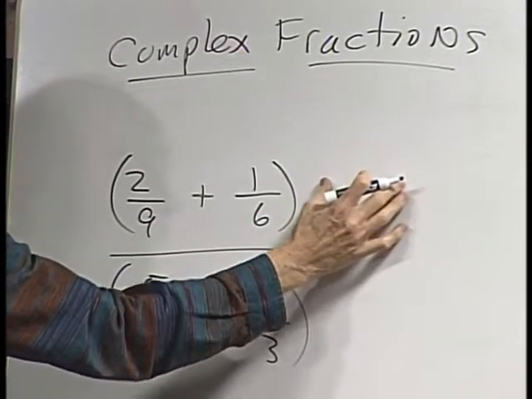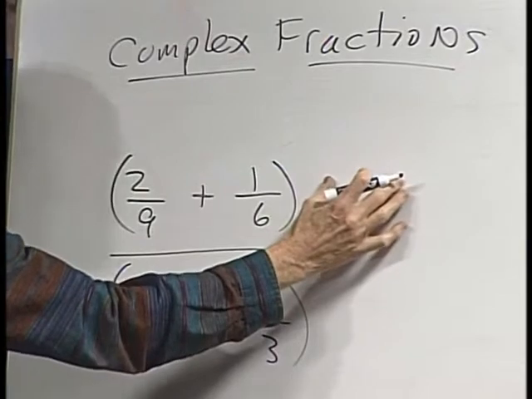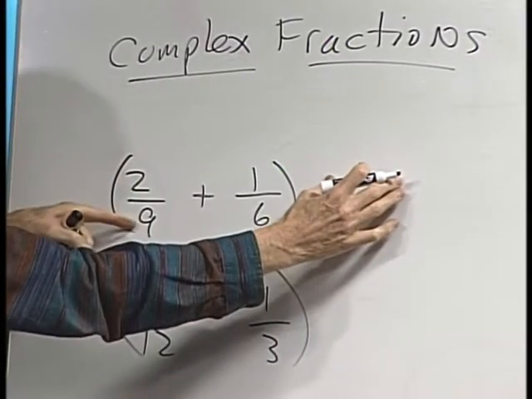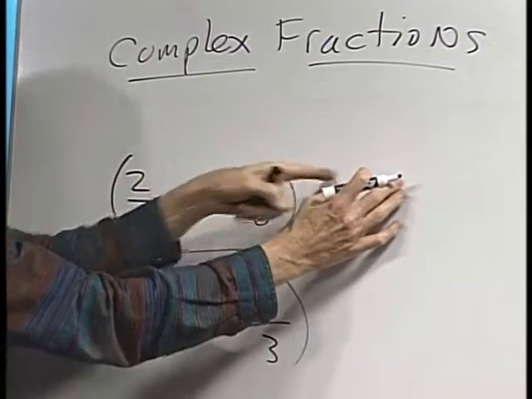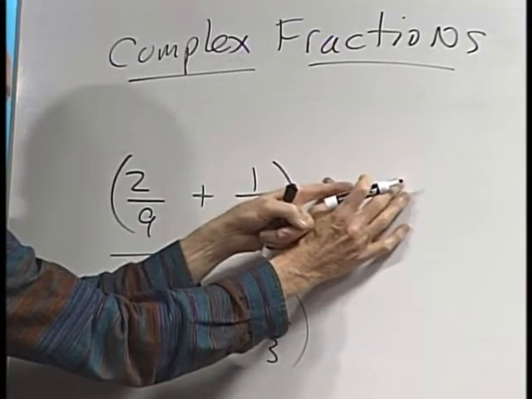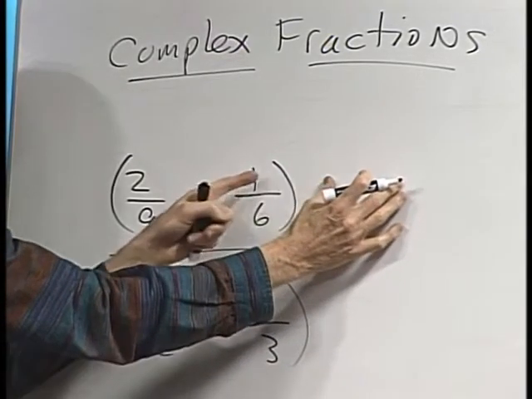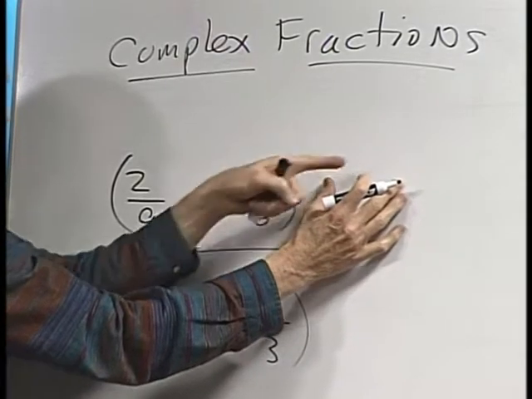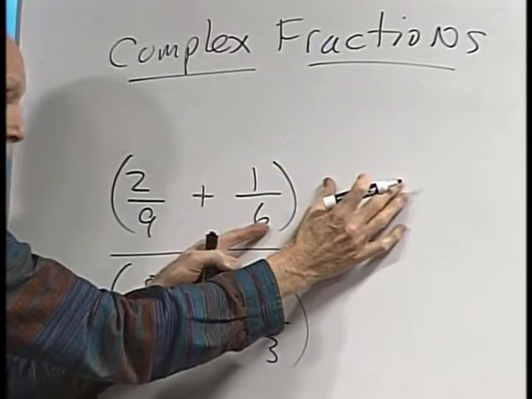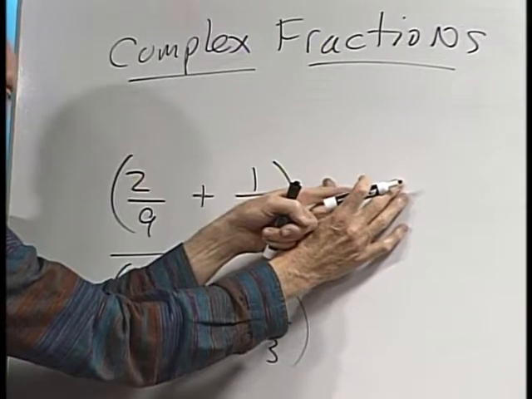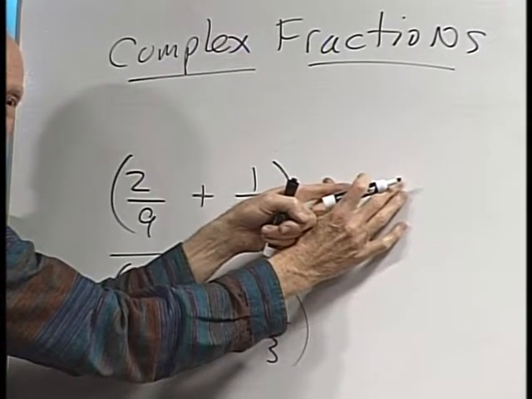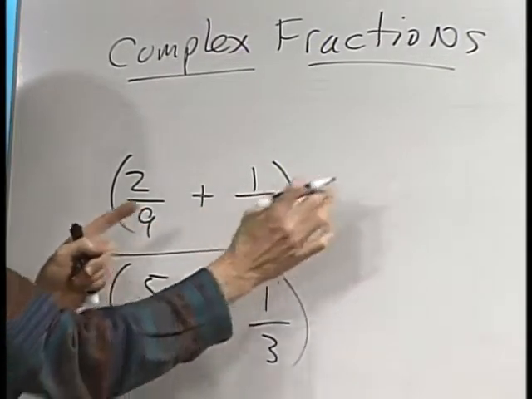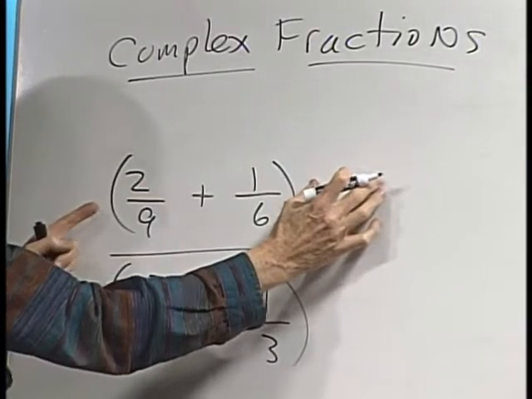When you take that lowest common denominator up here and multiply it times 2/9, the 9 is going to reduce with part of the common denominator. Then you're going to multiply 1/6 times that common denominator also, and that 6 will reduce with part of the LCD, right? So you're going to get rid of those fractions in one step right up there.